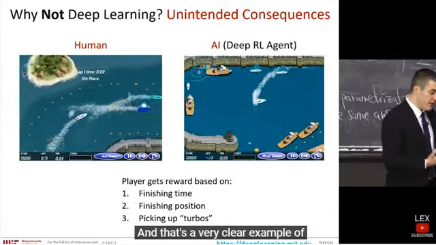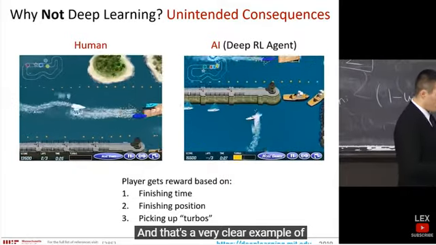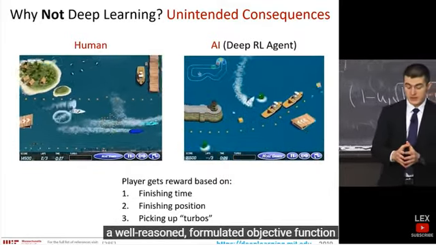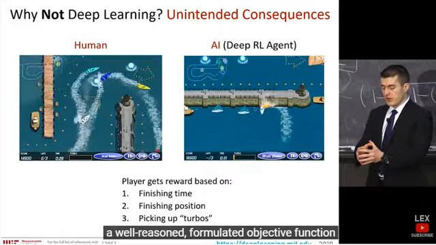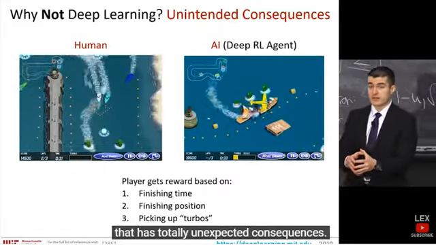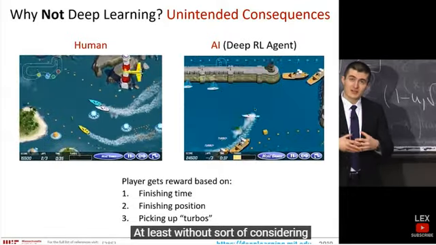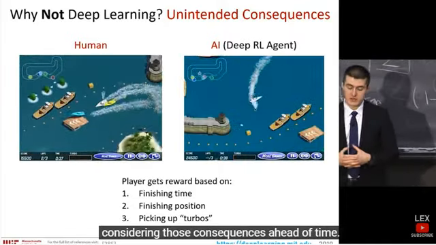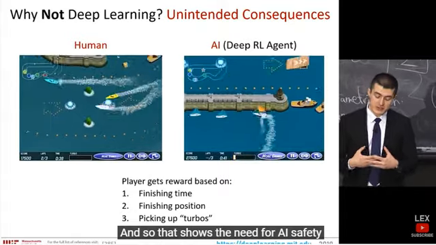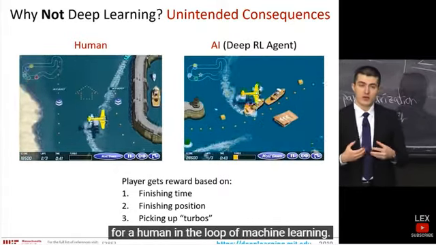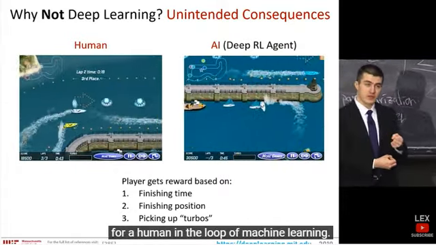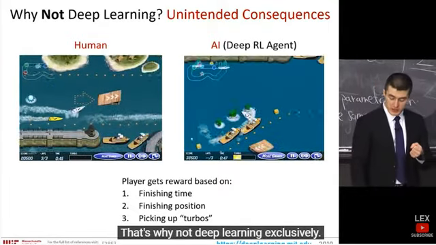Now that's a very clear example of a well-reasoned, well-formulated objective function that has totally unexpected consequences, at least without considering those consequences ahead of time. And so that shows the need for AI safety, for a human in the loop of machine learning. That's why not deep learning exclusively.